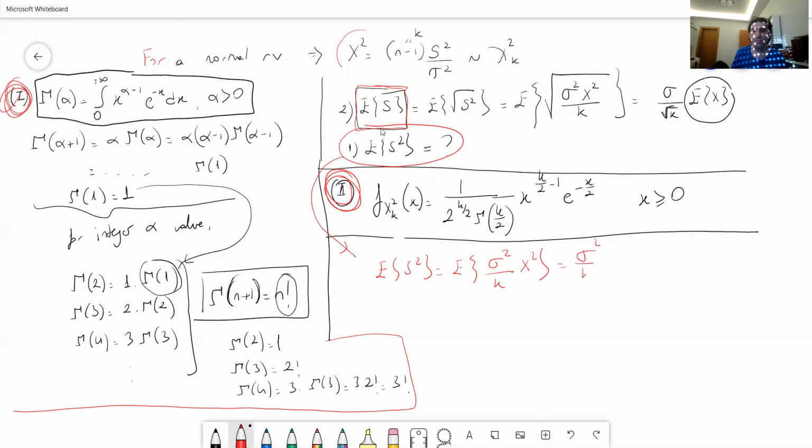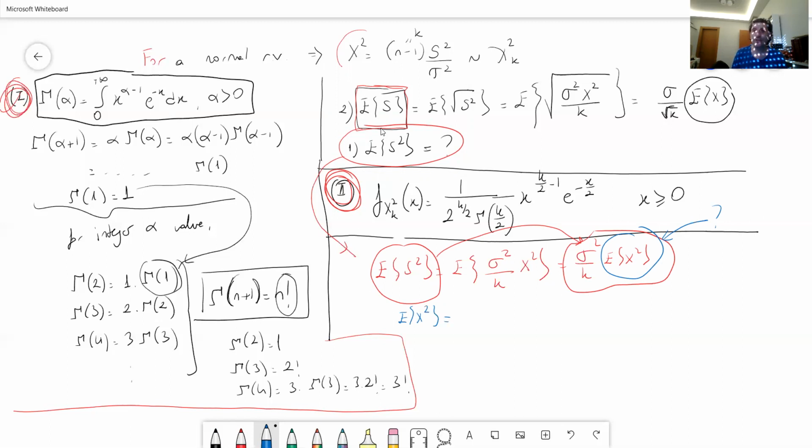Therefore, sigma square over k, expected value of chi-square is going to be, so the quantity that we are searching for is actually equal to this quantity. So we only need to determine this one. Once we determine this quantity, we are going to multiply by these two constants. So the question boils down to what is the expected value of chi-square random variable.